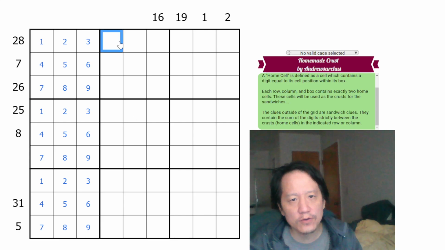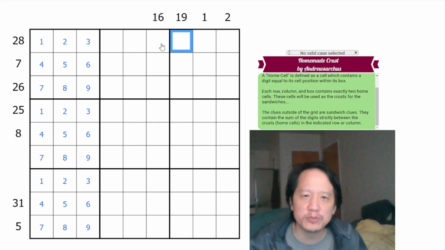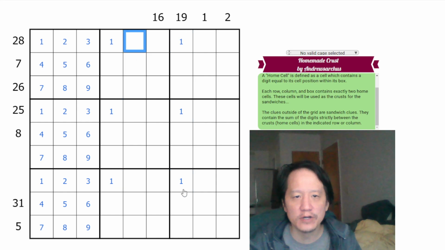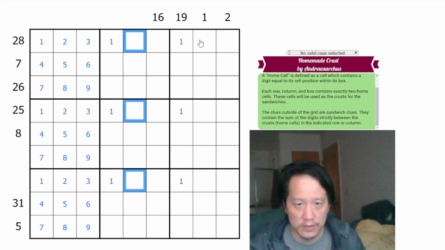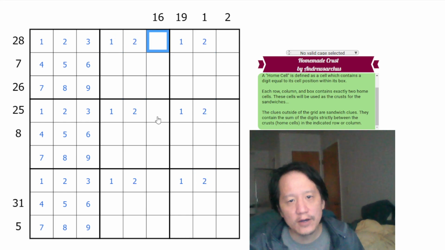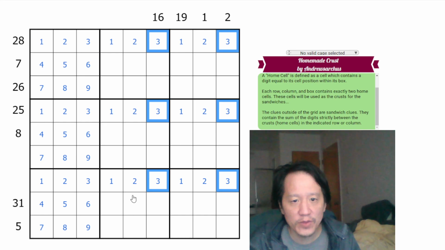And I think this is actually kind of similar to disjoint sets rules, but not quite. So one of these is 1. So what I'm doing right now is filling in all the home cell possibilities, right?